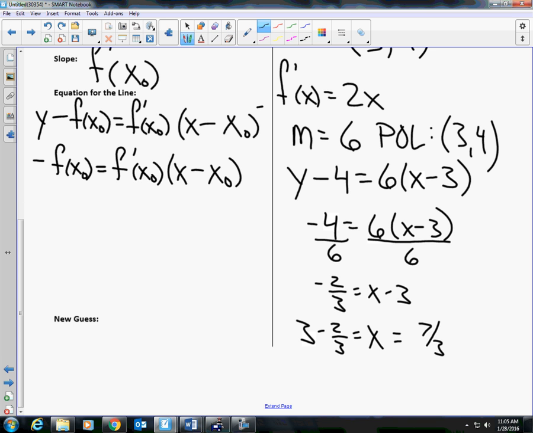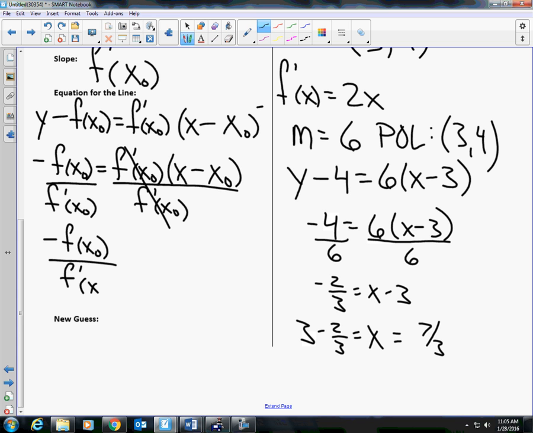Like over there, I divided by 6. I divide by my slope, so I'm going to divide by f prime of x sub 0. And I get negative f of x sub 0 divided by f prime of x sub 0 is equal to x minus x sub 0.